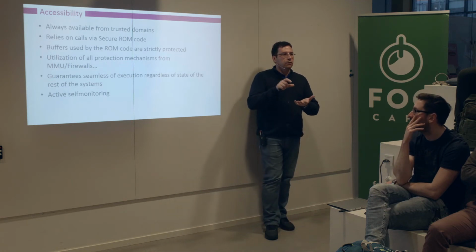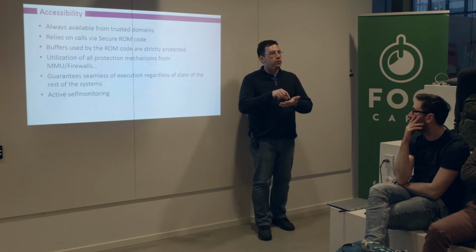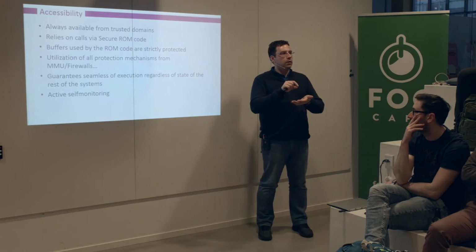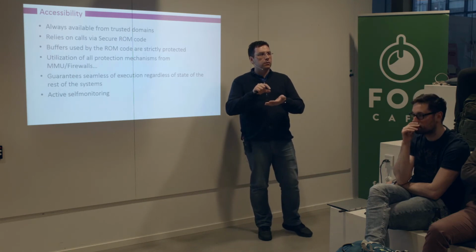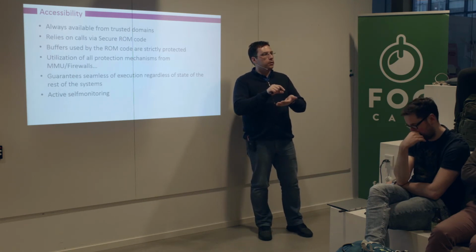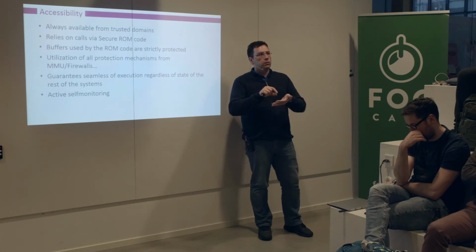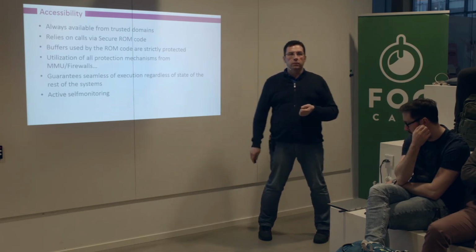This means that even though everything is put in read-only memory, there is a tiny piece of memory which is RAM used for storage of all the variables and all the buffers, which has to be properly protected in order to have proper execution of ROM code functions.